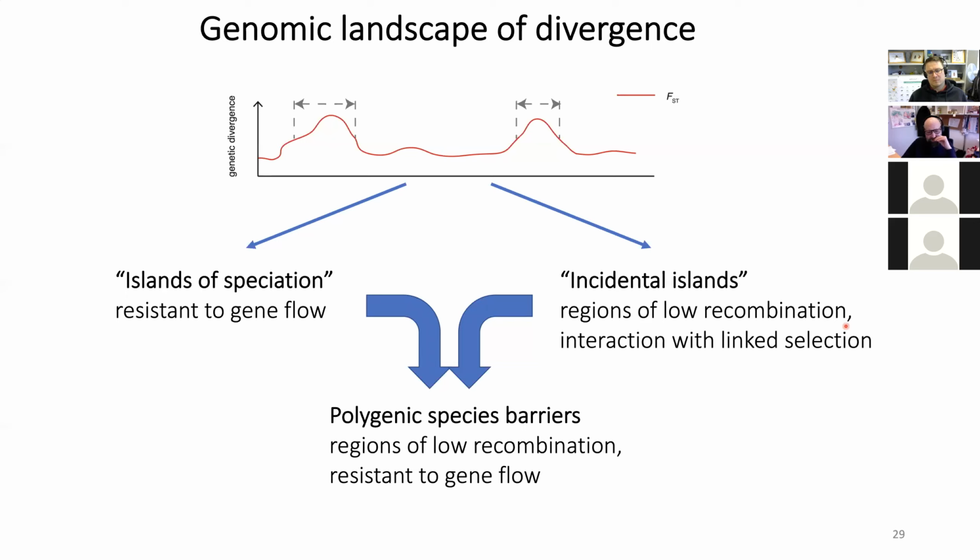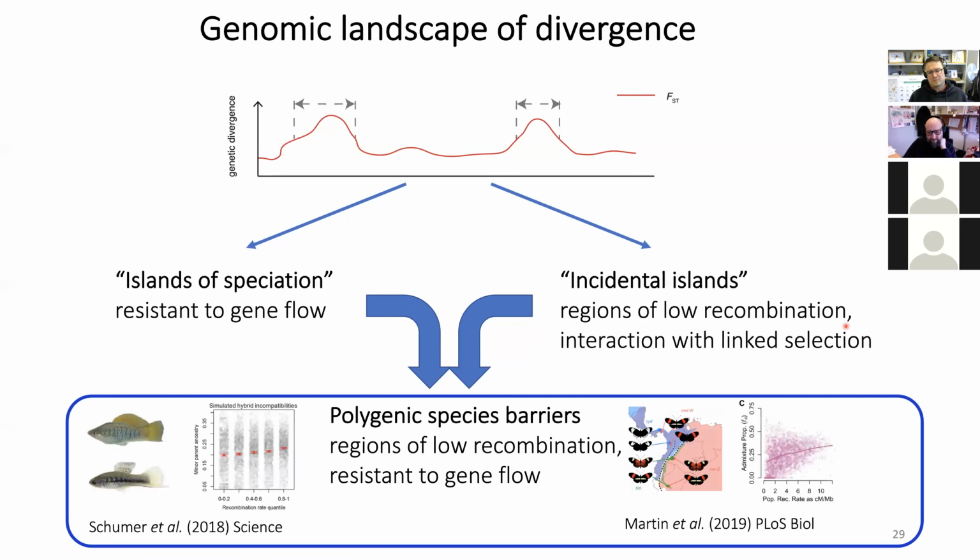So it suggests that we have features of both of these, and that maybe you have potential incompatibilities that occur across the whole genome, but they're becoming fixed more readily in regions of low recombination.